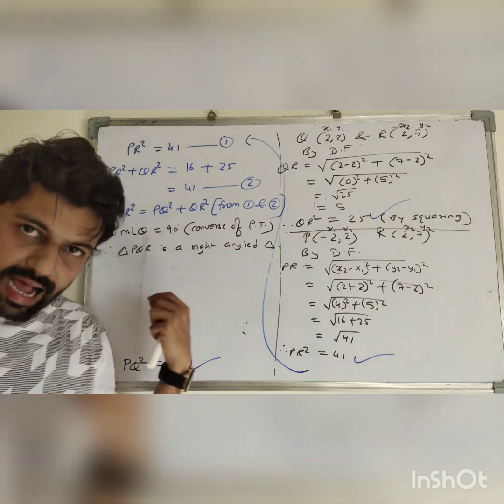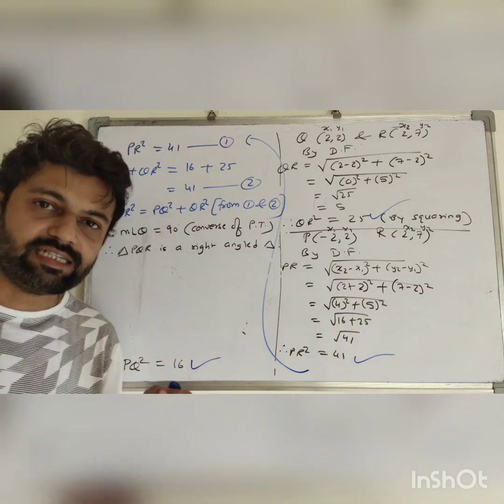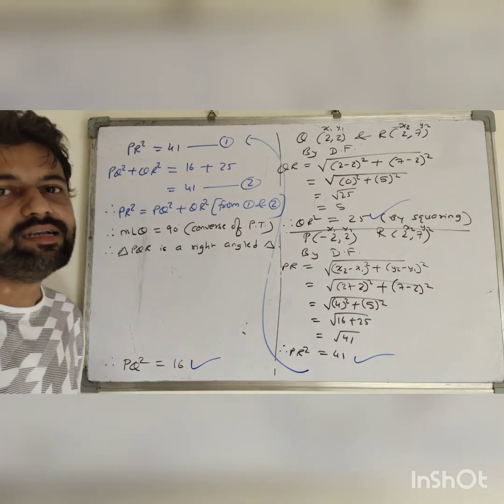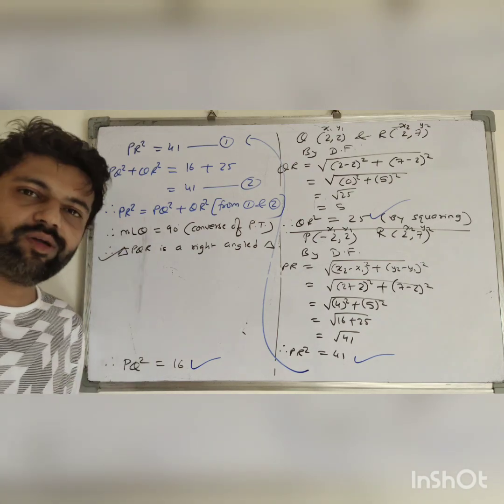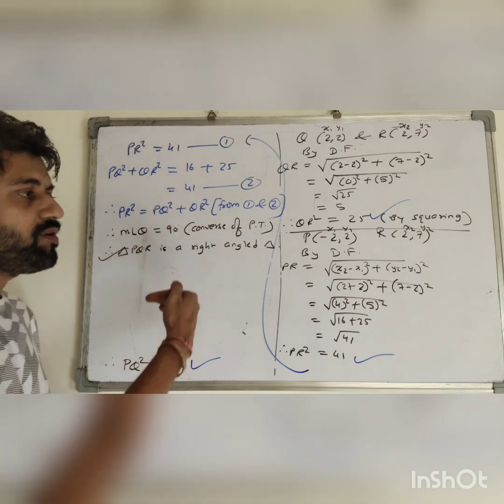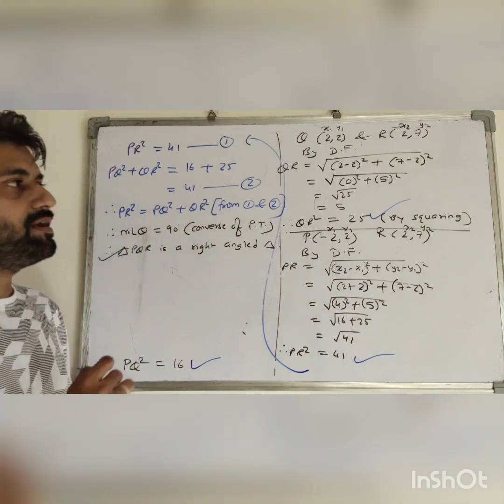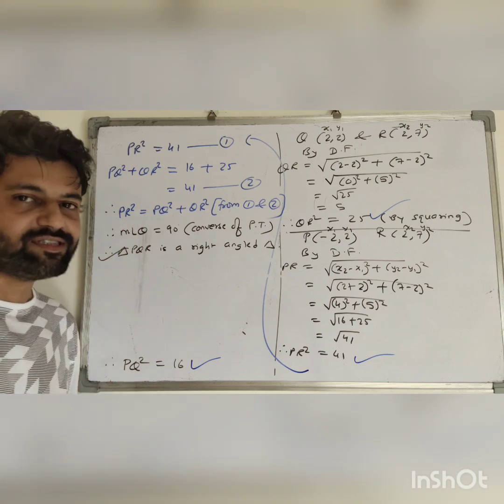That is, if you want to write further, points PQR are the vertices of a right angled triangle. Its meaning is also the same. Carefully, please copy this down.